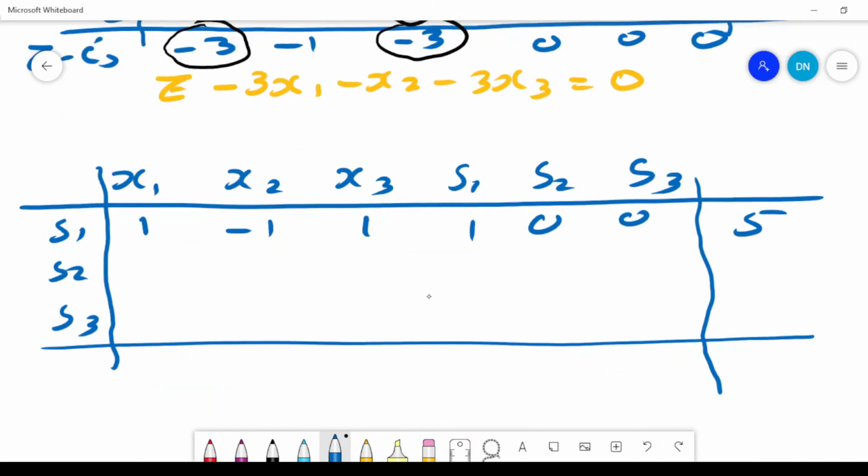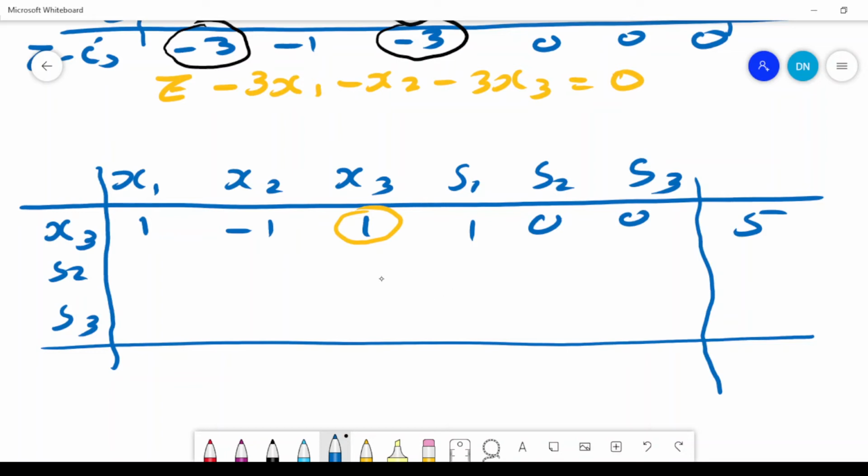So what we see is that the first row, nothing much changes. The only thing that is going to change is this. I'm going to replace S1 with the pivot column, which becomes my x3. But everything else I've divided through by 1 because this is the pivot element. This one here. I've divided through by 1 and everything else remains as it was.